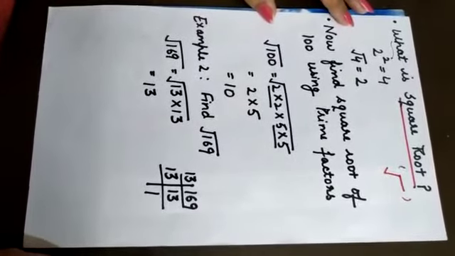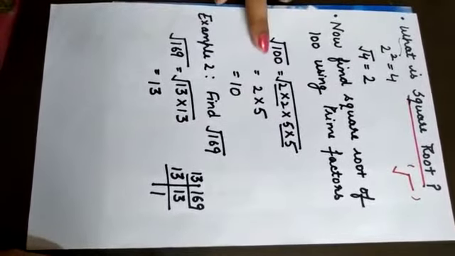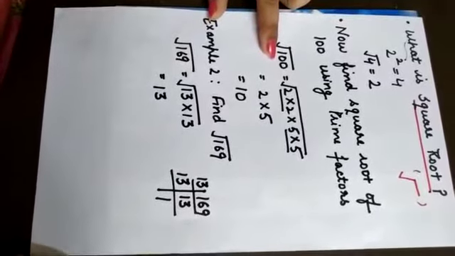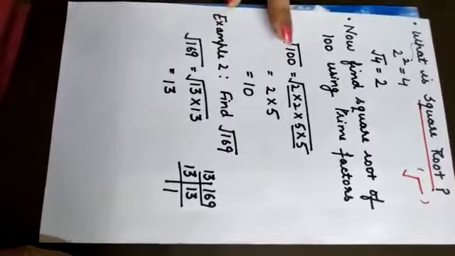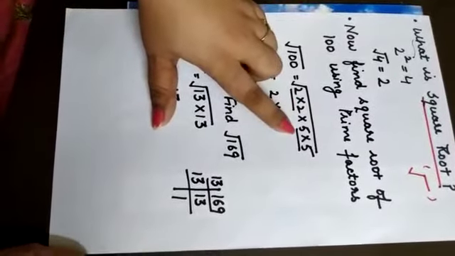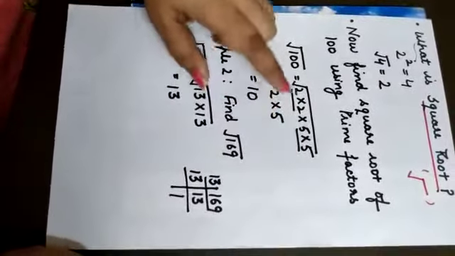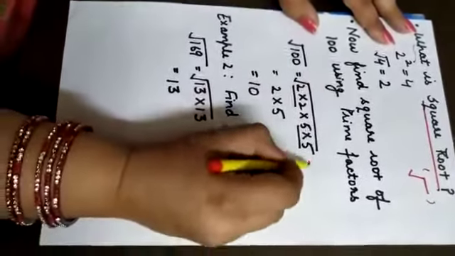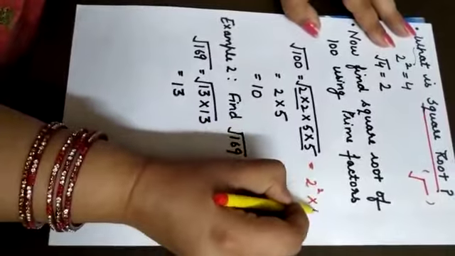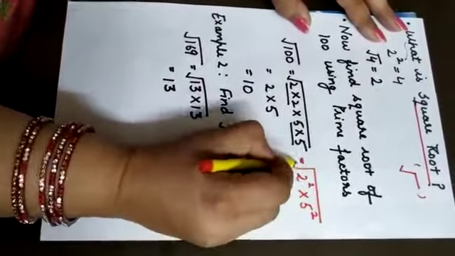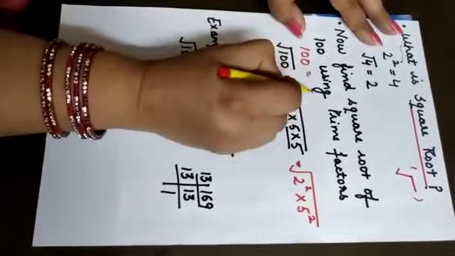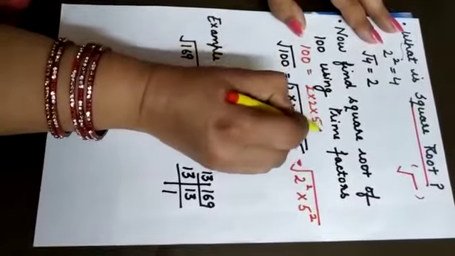If you can see your screens, we have to find the square root of 100. Just now I discussed with you the prime factors of 100 as 2 into 2 into 5 into 5. We'll start making pairs of these prime factors. We had 100 equal to 2 into 2 into 5 into 5.